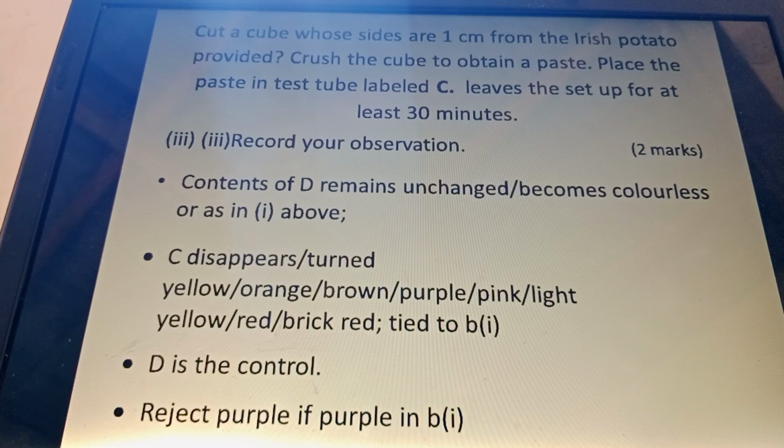Record your observation after 30 minutes, and you find that contents of D remain unchanged, or you say contents of D become colorless, as in one above. All right.